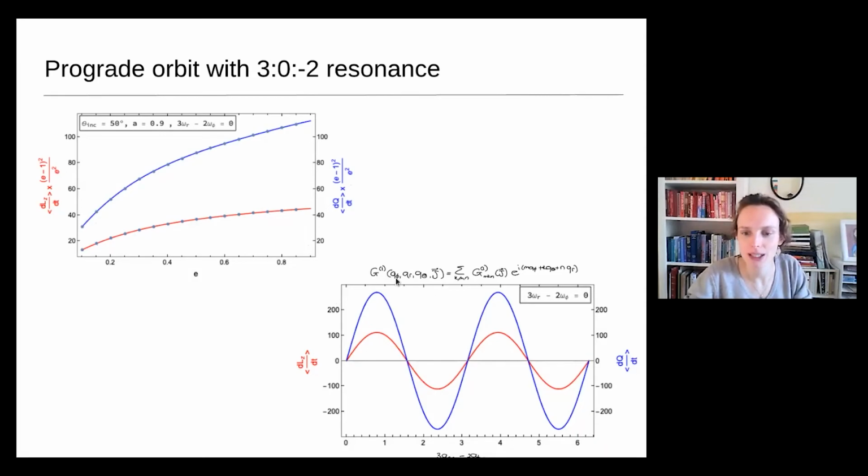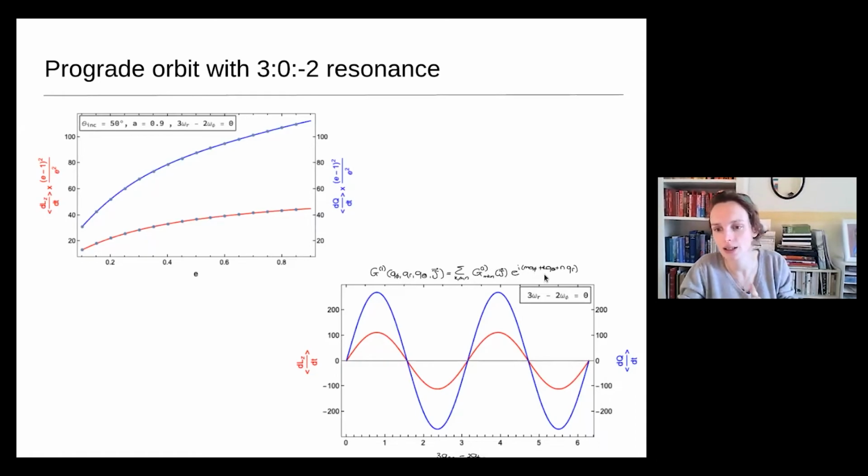So what do I mean by that? Whenever we did this decomposition of, say, the tidal force into these Fourier modes, it matters very much the initial phase with which you enter the resonance.